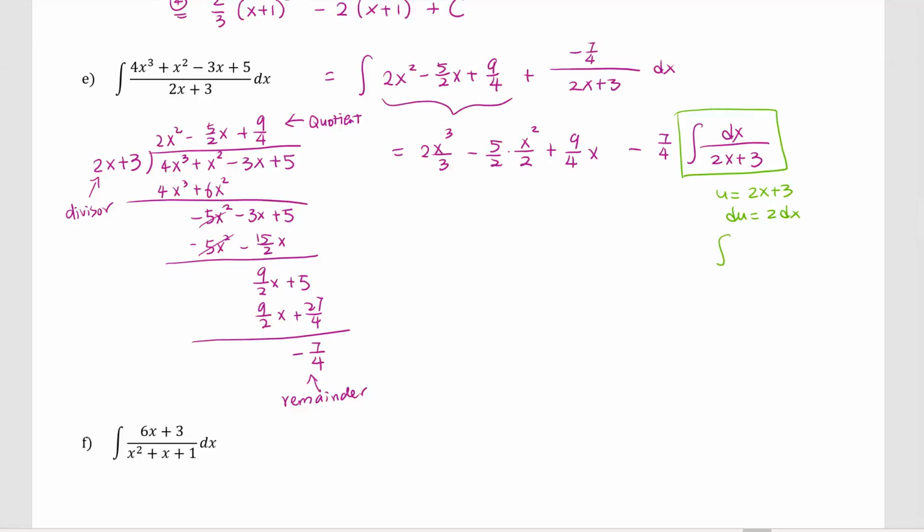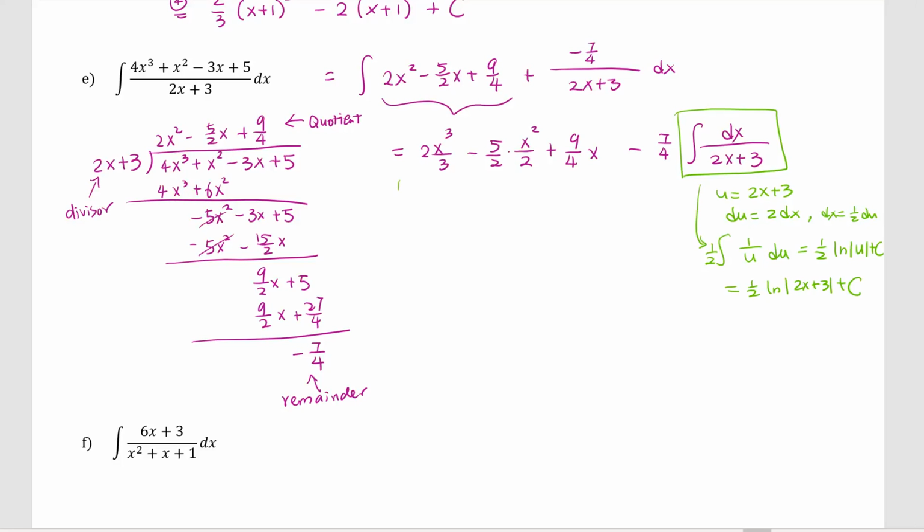Well, this guy, okay, let's call, so just this guy, not including the coefficient in front. So dx is then 1/2 du, so we get 1/2 du, and then we have 1 over u. Oh, that is ln of absolute value of u plus c. And u is 2x plus 3.